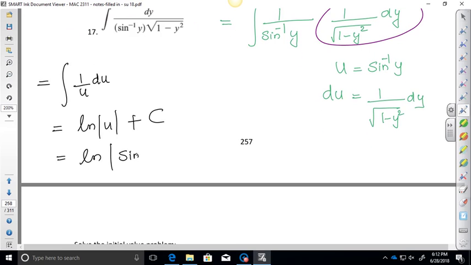We just pretend that all variables are positive. So it's ln of sine inverse y plus c.